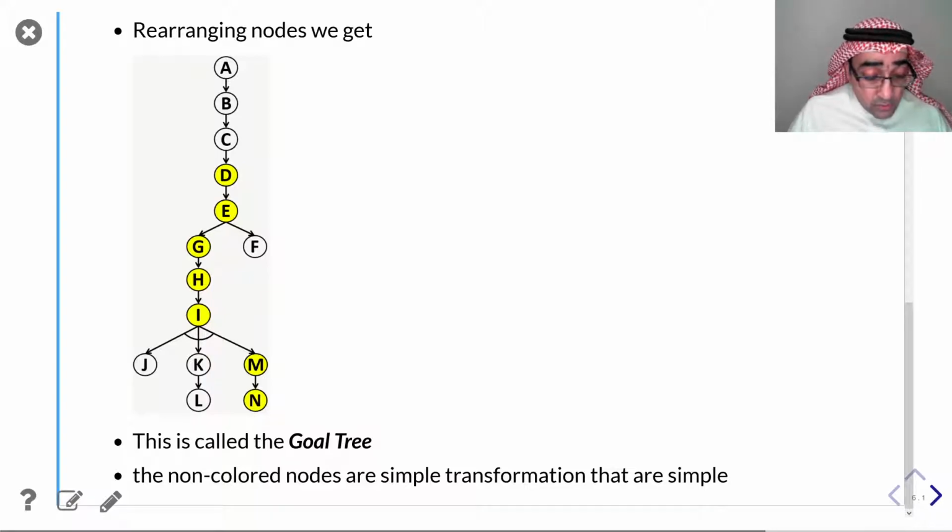Okay, so the non-colored nodes over here are the safe transform nodes, and the colored nodes that are here are the heuristic transforms that we have actually applied in them. So this is a very complex problem that we are presenting, but we can take any problem and represent it as a tree, just like what we did with the integration problem.